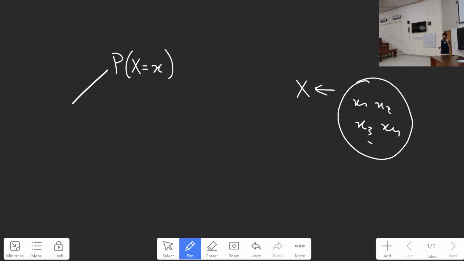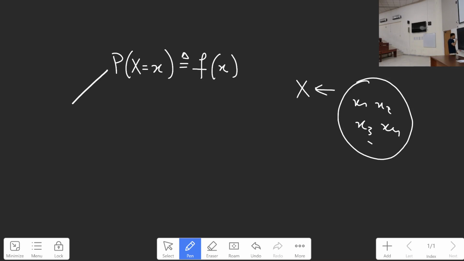For discrete cases, we collect it in the probability mass function. We said that the probability that x takes this value will be written as f of small x, and we call it the probability mass function, and we did that in detail last time.